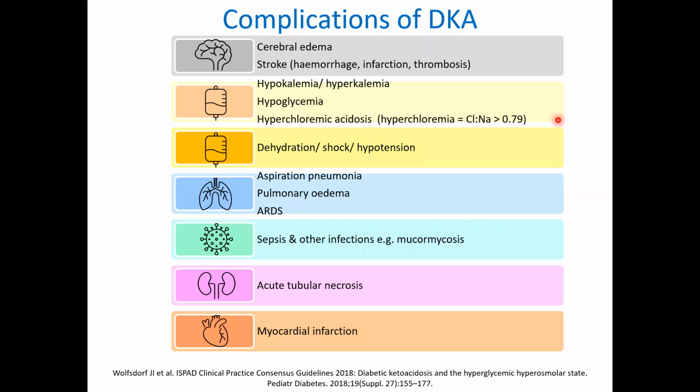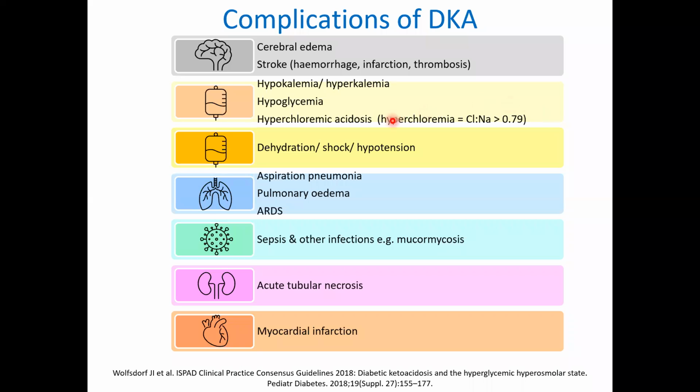Sometimes you'll have patients who have the ketones cleared, but they still have persistent acidosis, and we're wondering why. And a lot of times you'll realize that they actually have hyperchloremic acidosis. Remember, these patients are getting normal saline, which has chloride, and we're also replacing potassium with potassium chloride. So this puts them at risk of getting hyperchloremic acidosis, and that's why it's recommended that if you have other salts to replace potassium, like potassium acetate or potassium phosphate, then it's better to use those or use them in combination.